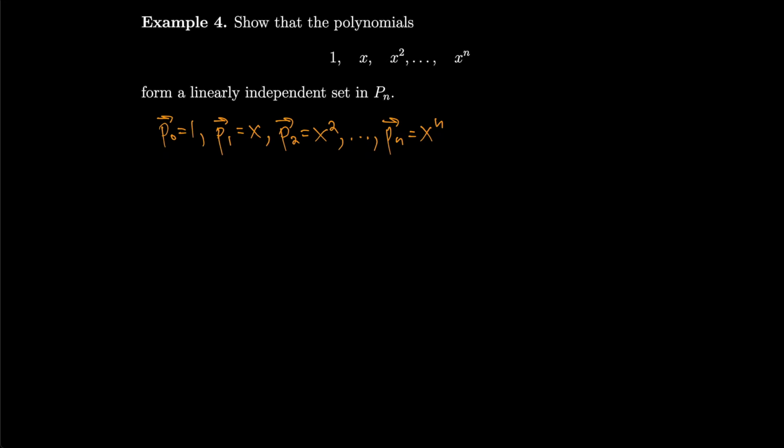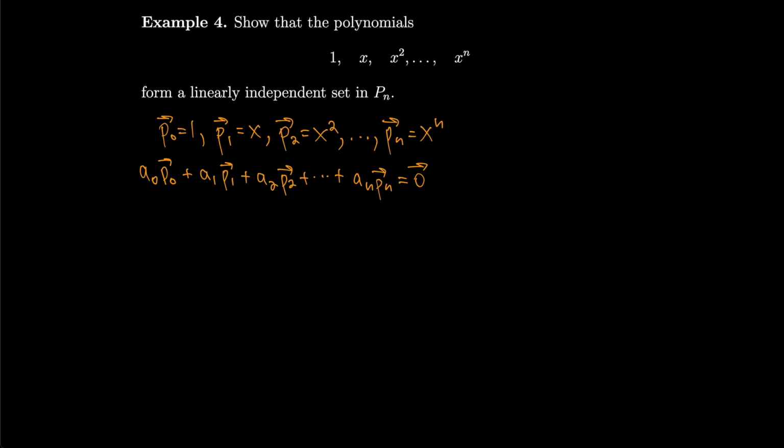So then I'll look at the linear combination a0 P0 plus a1 P1 plus a2 P2 and so on until an Pn, and I want that to equal the 0 vector. So let's see, I have to show that all of the a's are 0.